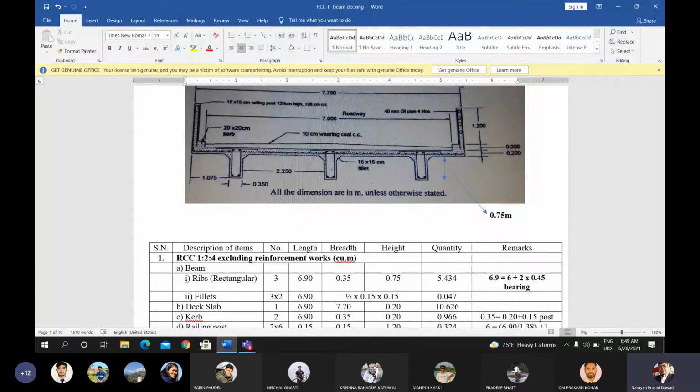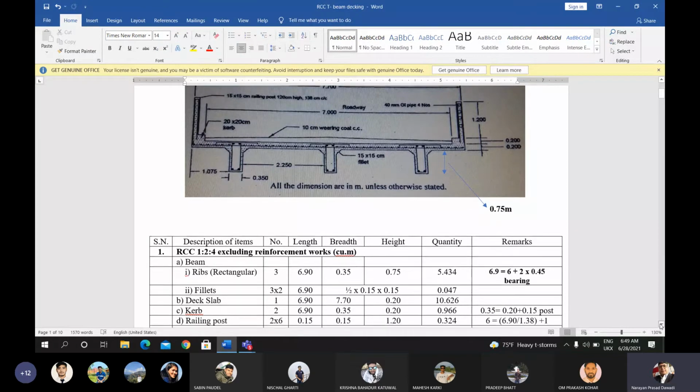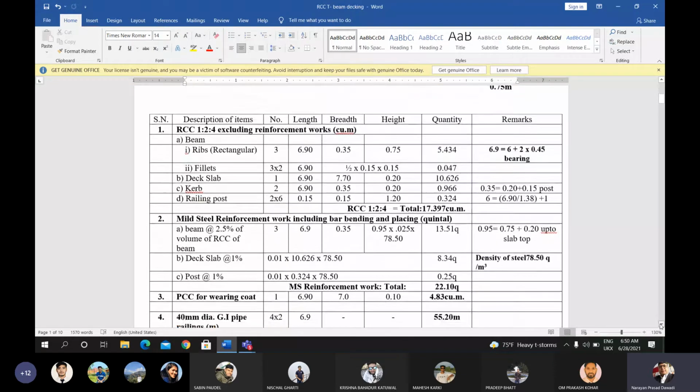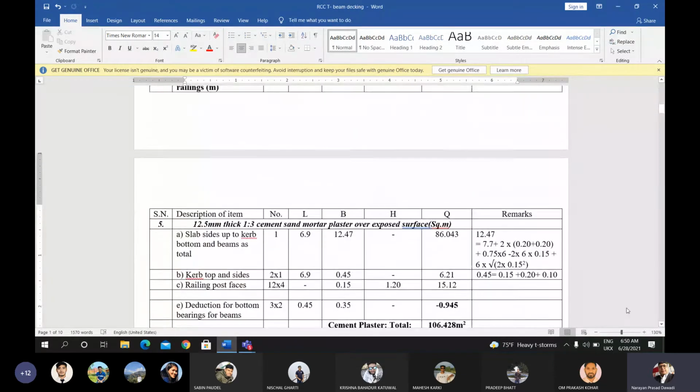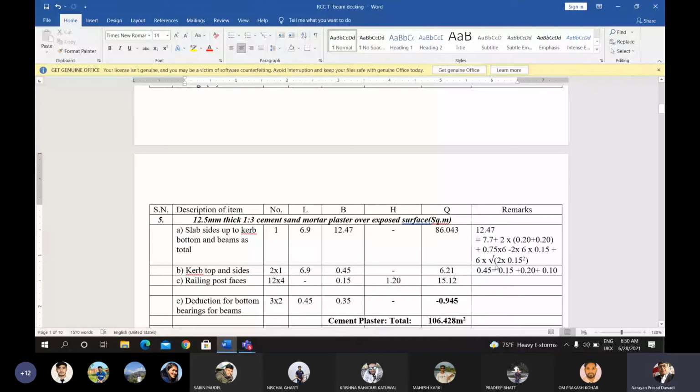And you can add the extra length for the inclined portion, that is 1, 2, 3, 4, 5, 6. 6 times the extra length for the inclined portion is calculated as 6 times under root 2 into 0.15 square, minus 6 into 2, 12 times the 0.15 value.